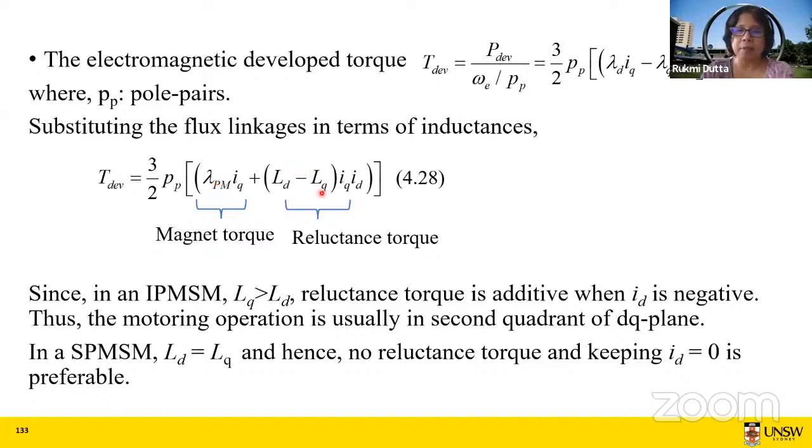Since LD is smaller than LQ, this term is negative. So how can we still make it additive? If we make our ID current negative. So in a PM synchronous machine, especially in IPMSM, you operate with negative ID current and positive IQ current, so that this term becomes additive.